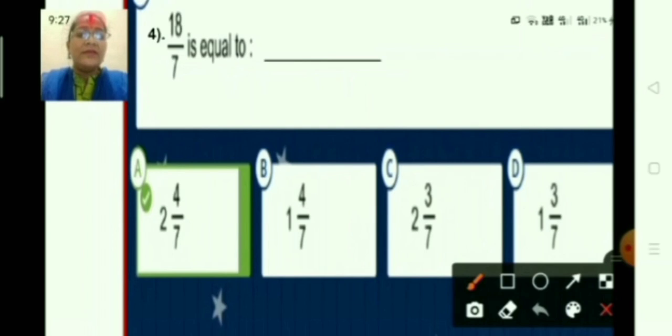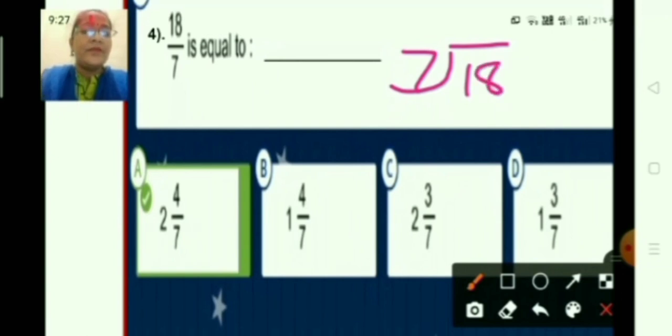Now see, here we are going to divide 18 by 7. So tell, 7 2s are 14. 18 minus 14 is 4.